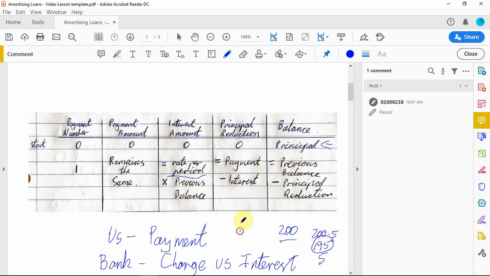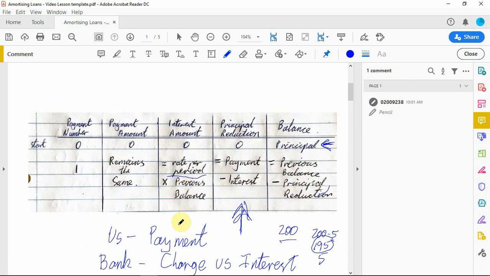Alright, and so that's what this next column is, the principal reduction. So it's the payment that you make minus the interest you're charged. Okay, and so then the balance that we now owe was our previous balance, this one, in this case, minus our principal reduction, this one. Alright, and then we continue that down.